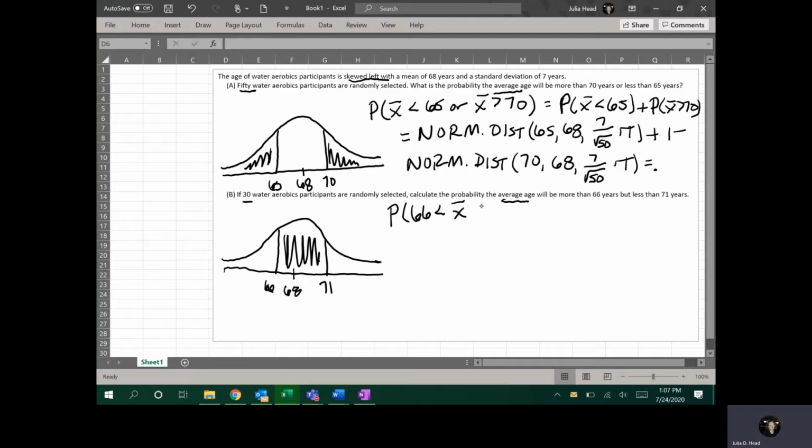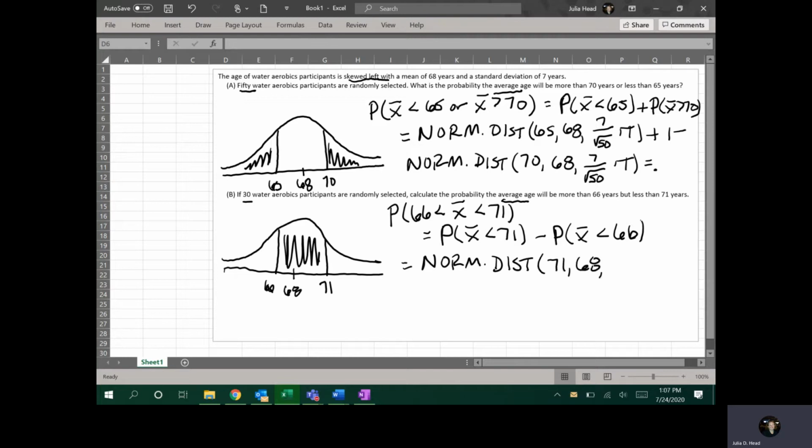And again, it's not x, it's x bar. And we'll use our between rule. Again, we have to adjust our standard deviation, but this time it is 7 divided by the square root of 30.